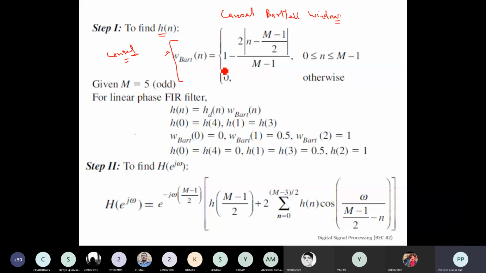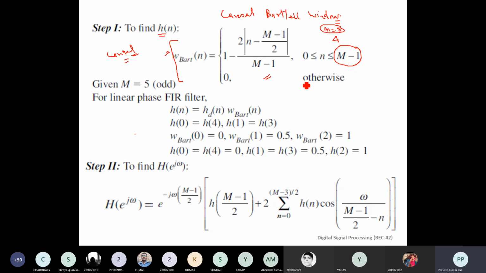Once we define the causal form, it comes out to be this function. In that, we have to find m minus 1. So m minus 1 will be equal to 4, and from there m comes out to be 5.